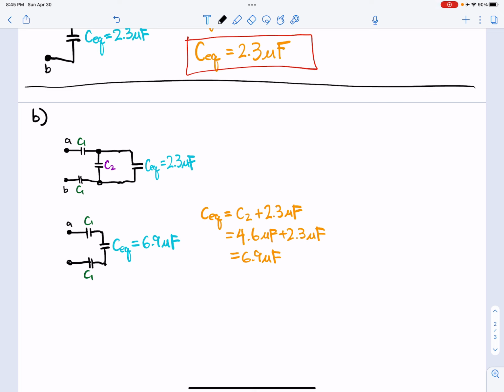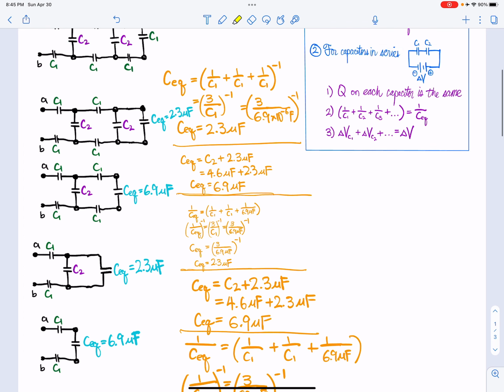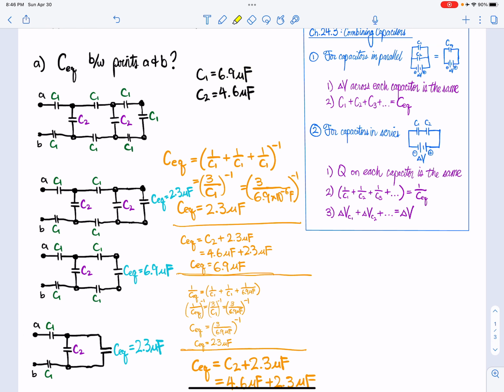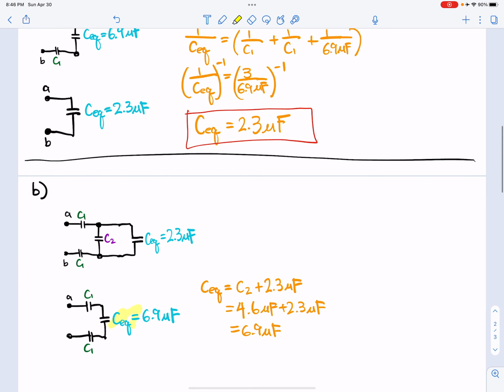So let's do some work. The sum of the voltage for this capacitor, the voltage for this capacitor, and the voltage for this capacitor has to equal 420 volts, right? And they each have equal capacitance, as we can see. C1 was equal to 6.9 microfarads. So the C equivalent has 6.9 microfarads.